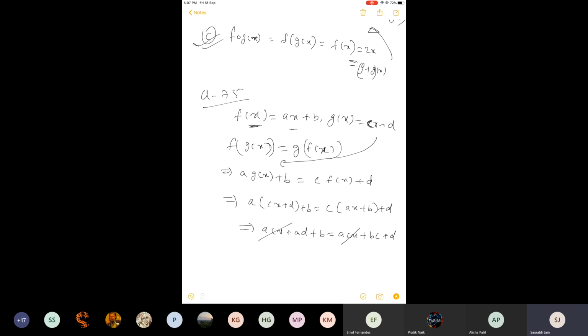What purpose will it serve? We are getting some relation in a, b, d and something like that, but what is it equivalent to?